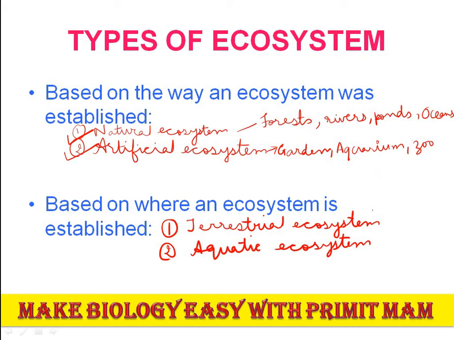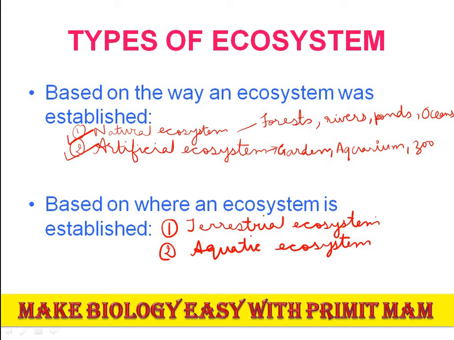Similarly, gardens or a small lawn is an ecosystem because the different plants, birds, and small insects which are present there are the living components of an ecosystem, and non-living components could be water, soil, air. So, these are the examples of ecosystems created and maintained by human beings and hence called artificial or man-made ecosystems.